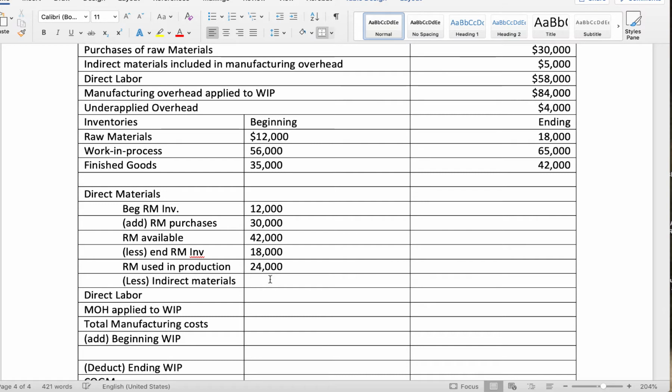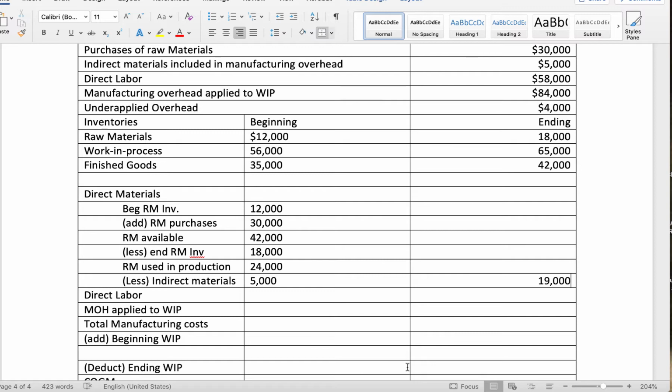So of the 24,000 used, 5,000 was indirect materials. Taking 24,000 minus 5,000, I have 19,000.